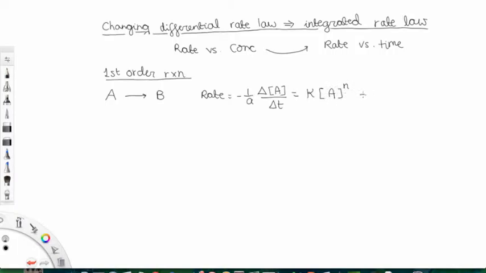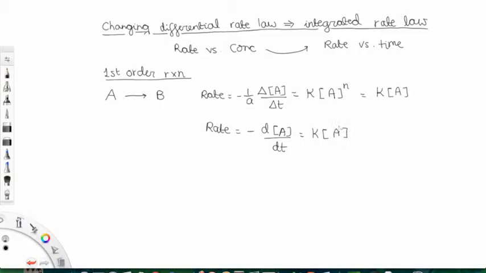And since it's a first order reaction, this is just going to be k[A], since this is to the power of 1. But from here, we can actually rewrite this part as the d[A]/dt, since it's the change in the concentration over a change in the time, and this is k[A].